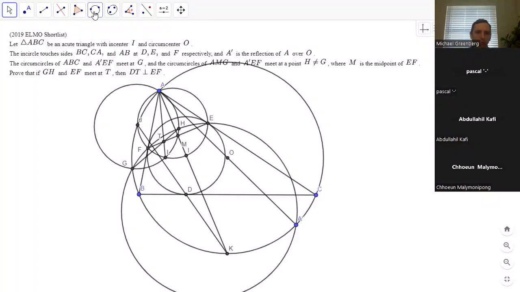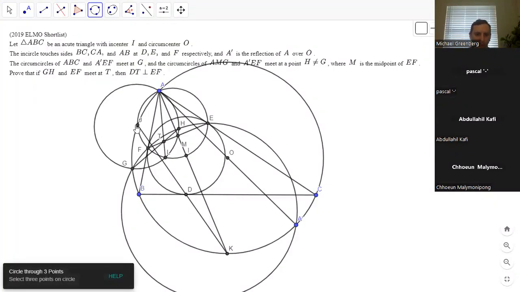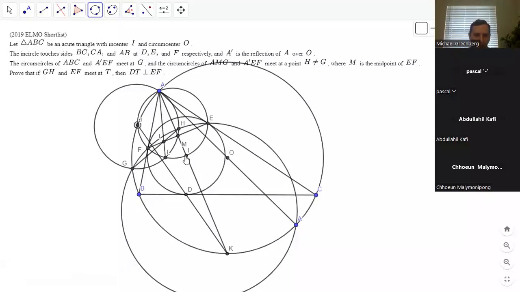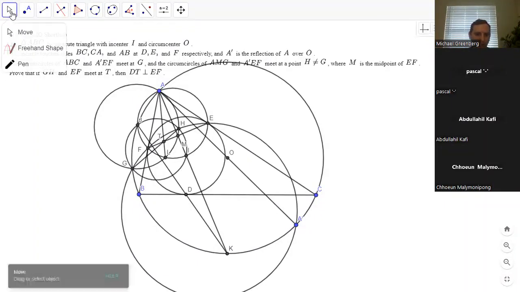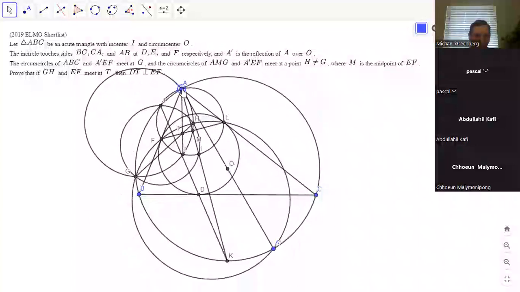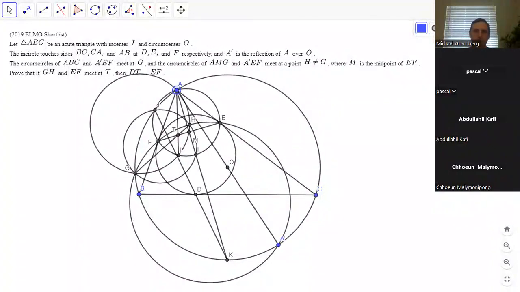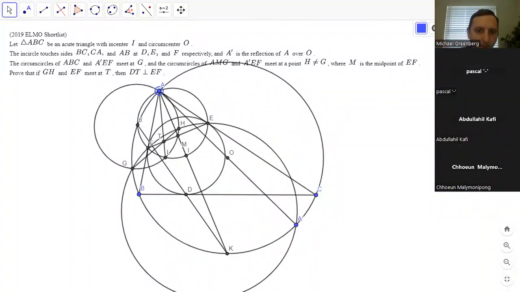So yeah, can we use the radical axis theorem on a circle through... Oh, is JIHG cyclic? Because then maybe we could use the radical axis theorem there. If that's true, let's try to show that that's cyclic. JIHG. So JH equals JG, right?